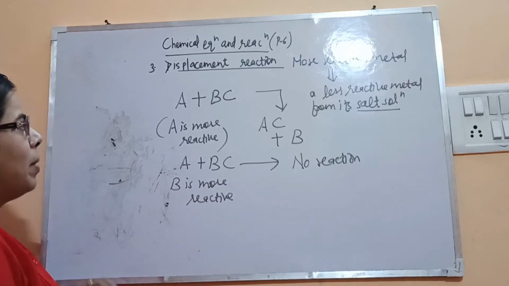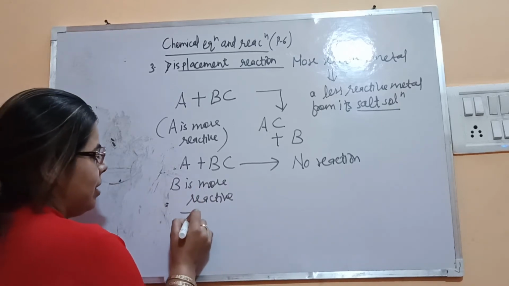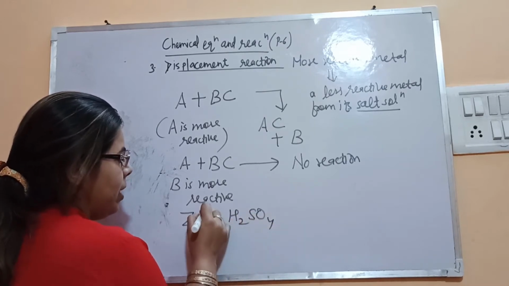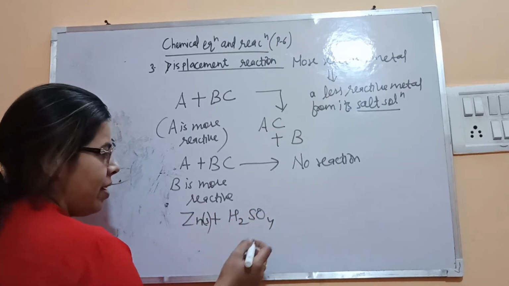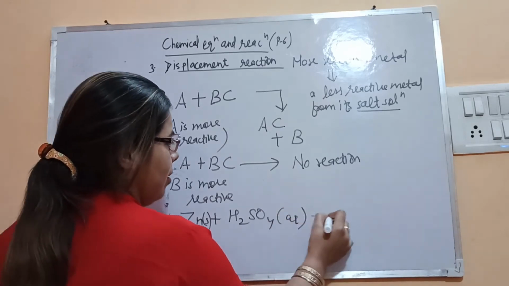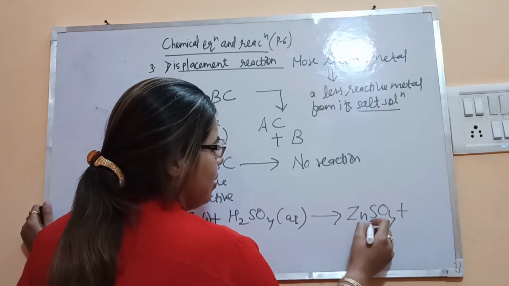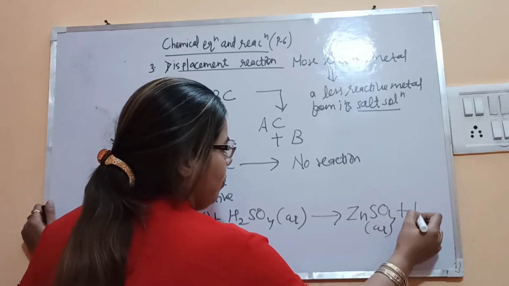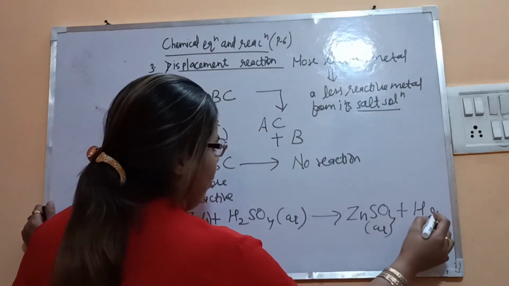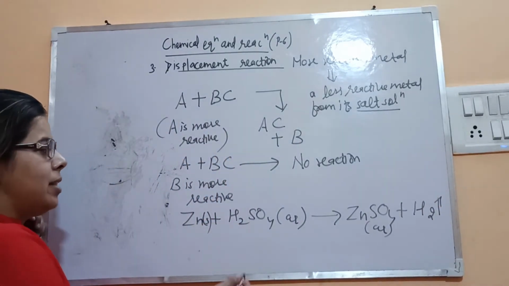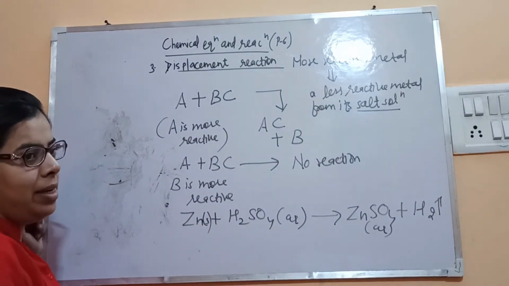Okay, so let's take a particular example. Let's say zinc is reacting with H2SO4. Zinc is the metal, zinc granules will react. This is aqueous, gives you ZnSO4 plus, this is also aqueous, hydrogen will evolve. Now the question is, here hydrogen is not a metal, it's a non-metal.